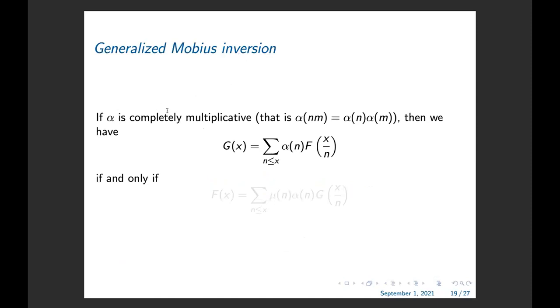If alpha is a completely multiplicative function, that is, if alpha of mn is equal to alpha of n times alpha of m, then for this function, which is written in this form, we can have this f of x, where this mu is our Mobius function and alpha is our completely multiplicative function. So this is known as the generalized Mobius inversion formula.